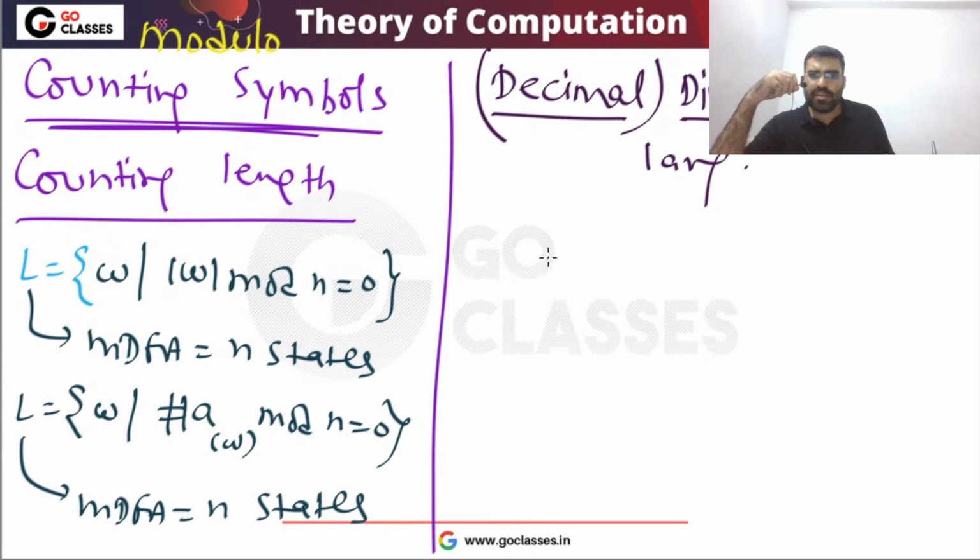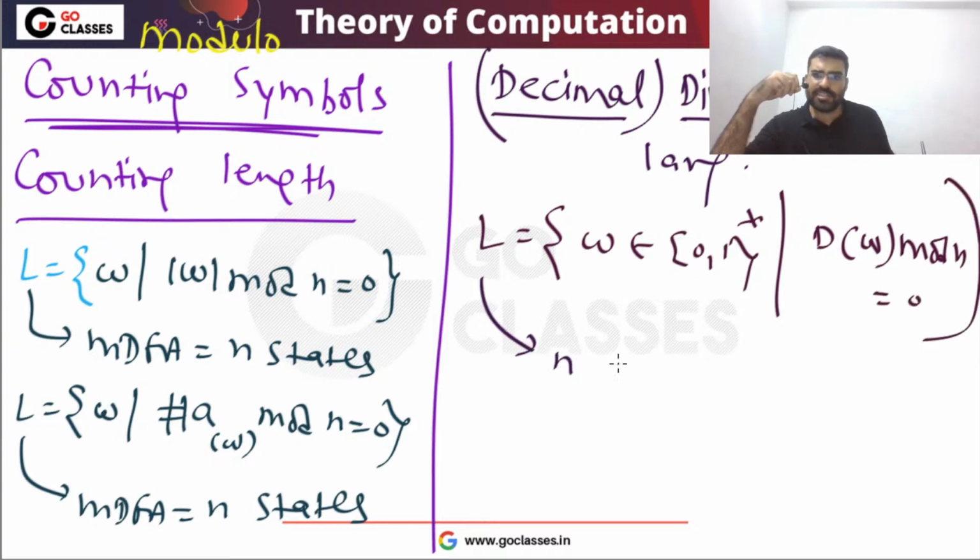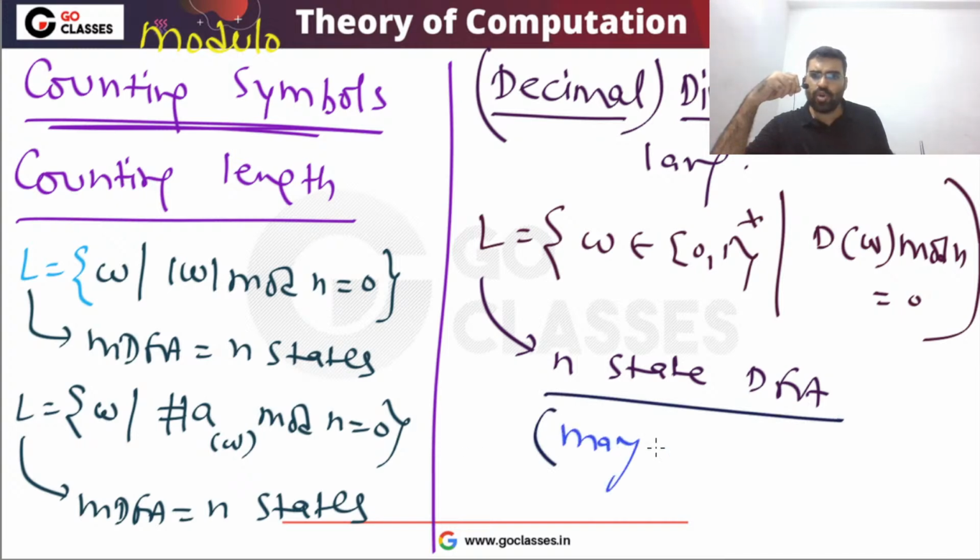If I give you the language of W belonging to {0,1}* such that the decimal value of W mod n is equal to 0, I told you that we have an n state DFA, but it need not be minimal. It may not be minimal.